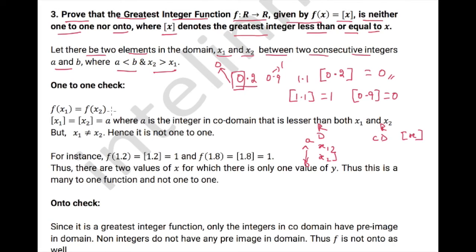Now f of x1 equal to f of x2, because that is how we proceed in the one-to-one check, assuming it is a many-to-one function. Now GIF of x1 or GIF of x2 equal to a, because for x1 this is the greatest integer available, and for x2 still this is the greatest integer, and hence it will be equal to a, where a is the integer that is lesser than both x1 and x2.